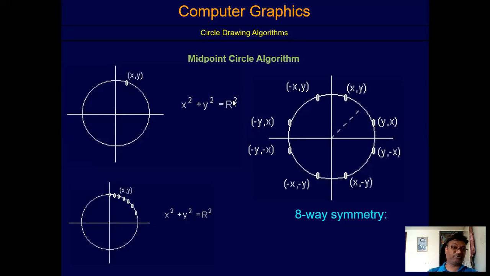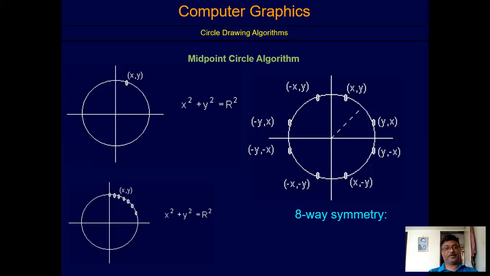So, what is the epsilon value in the DDA circle drawing algorithm? You have to consider the r over there. The r value must satisfy 2 raised to power n minus 1 less than or equal to r less than 2 raised to power n.